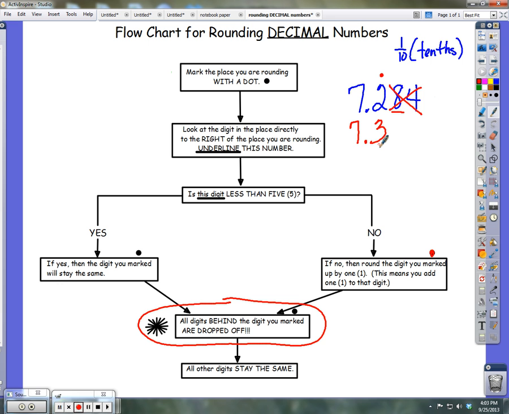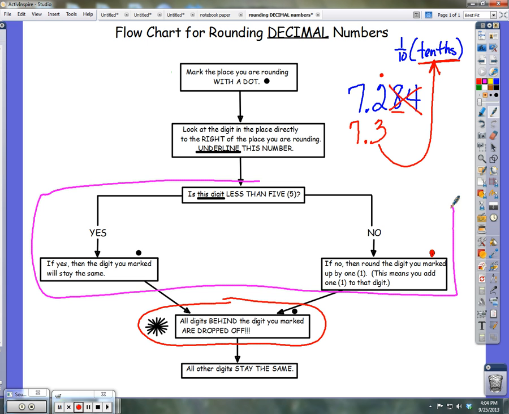Notice the answer, or the last digit of the answer, ends up in the place to where you were rounding it. Now also, from the other video, if you remember, this section right here, we had a little saying that we used to kind of take the place of these steps.